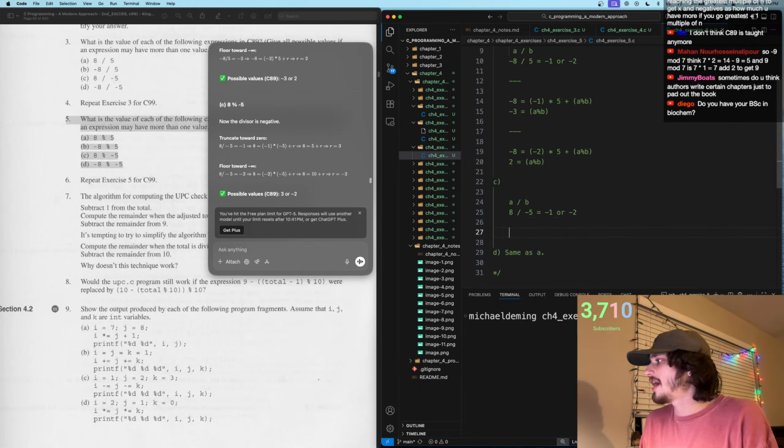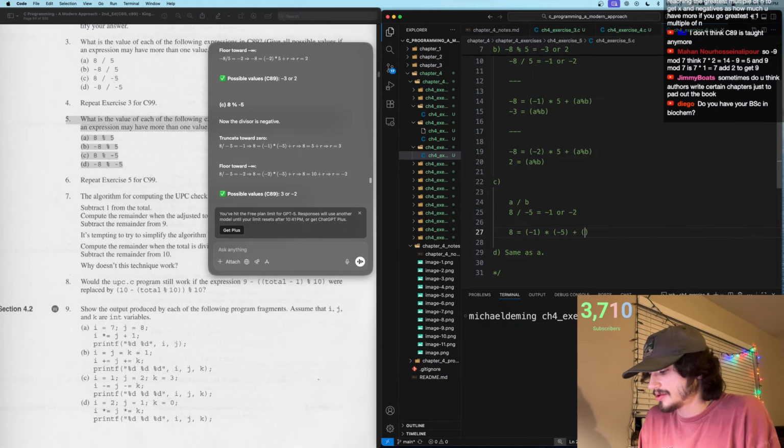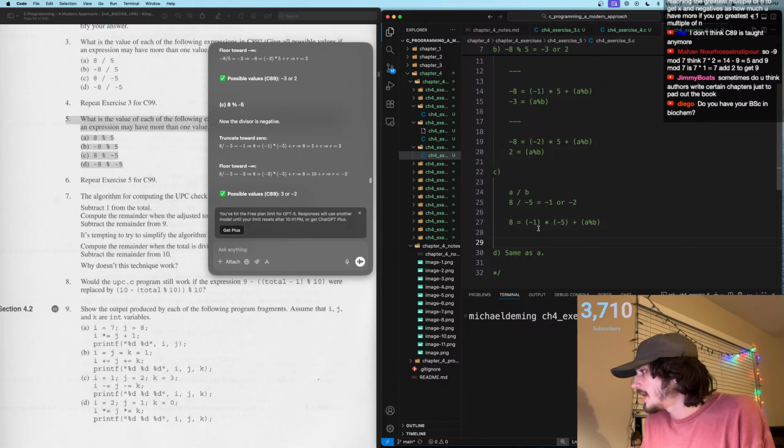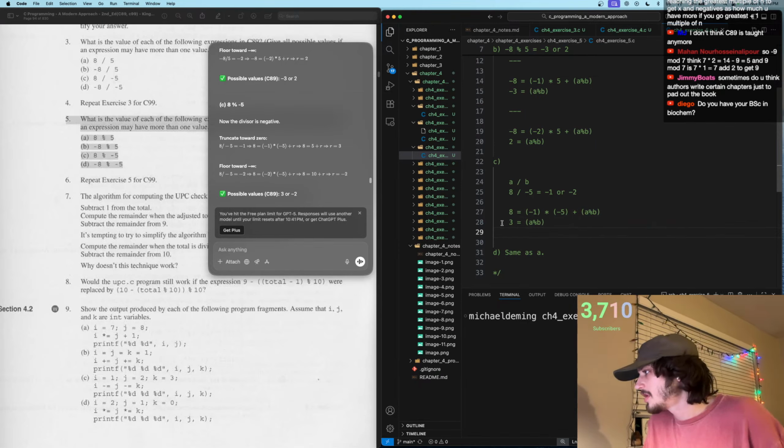So when we plug that back into our equation of 8 is equal to -1 times -5 plus A modulo B, this would give you -5, +5, this would give you 3 is equal to A modulo B. Got you. Okay, so you gotta plug it back in.